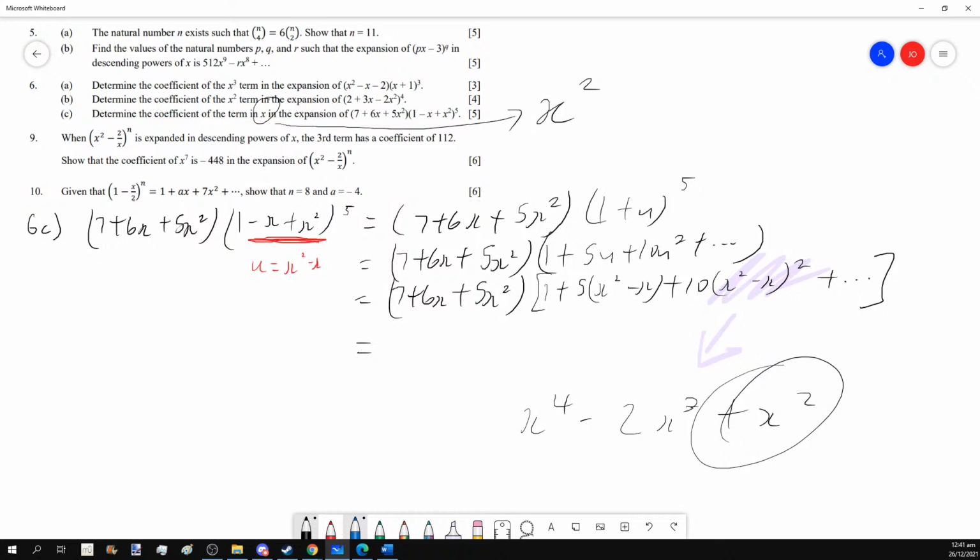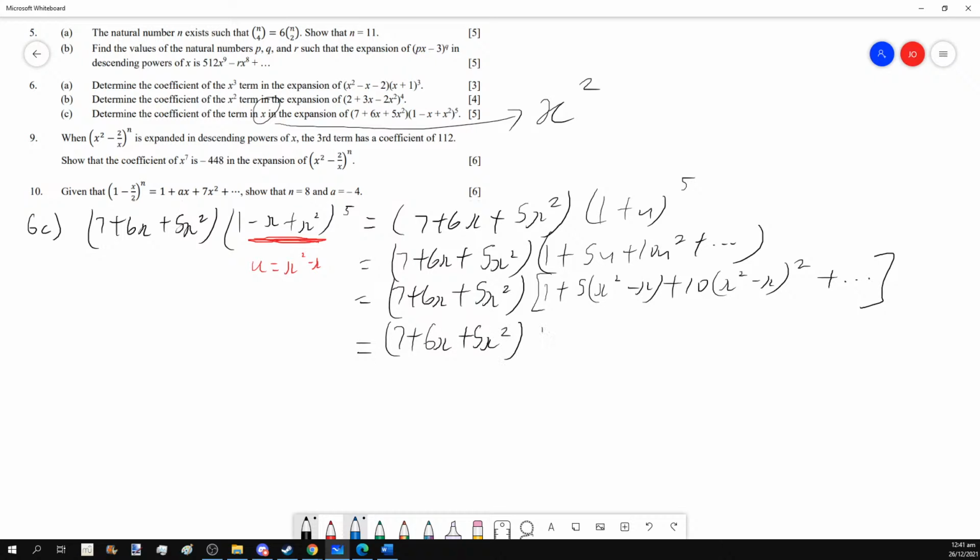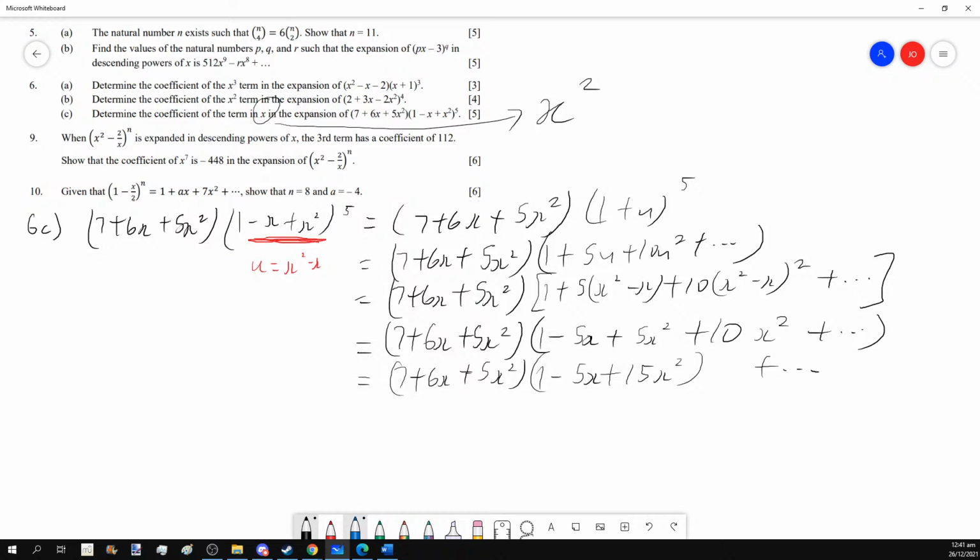Right? So from here, we can actually just streamline the process and focus only on the x squared that will come out of that internal binomial. And therefore, it will give us an x squared here. Like this. From here, we will tidy up our work. And once you are here, then we can ask ourselves, how do we get x squared?